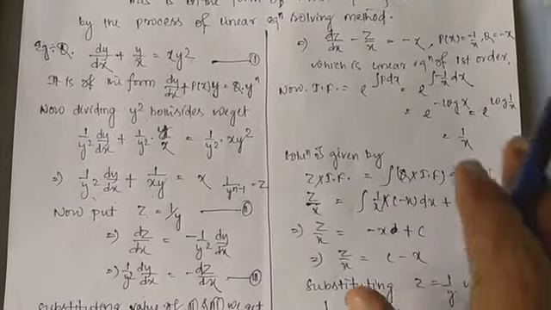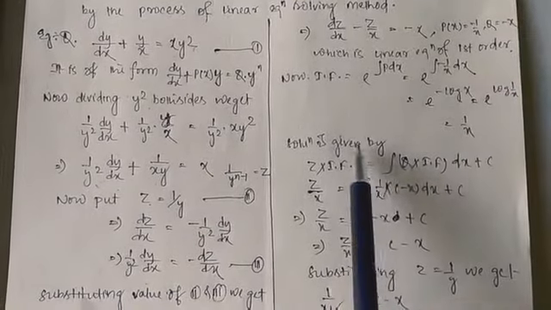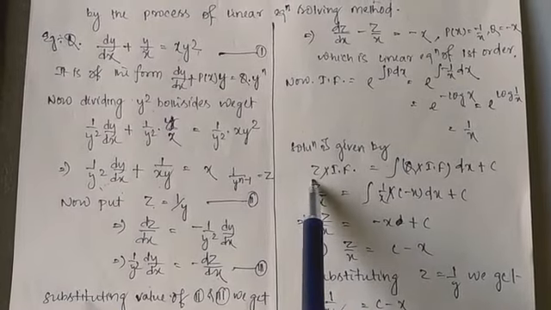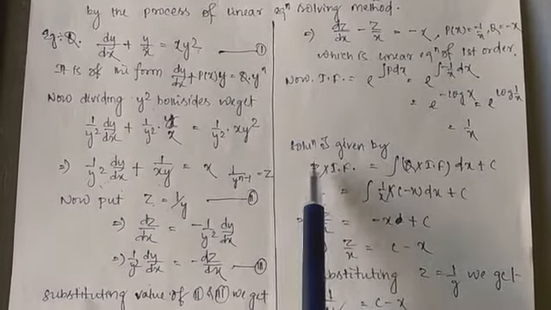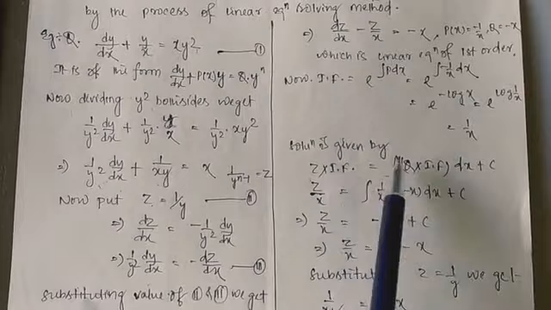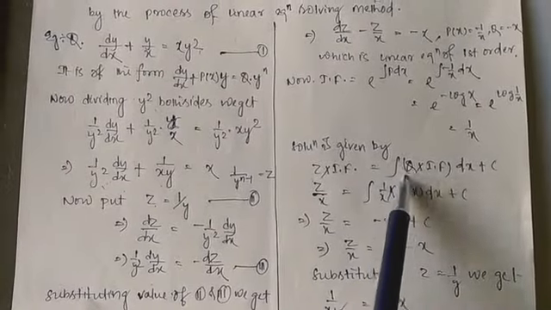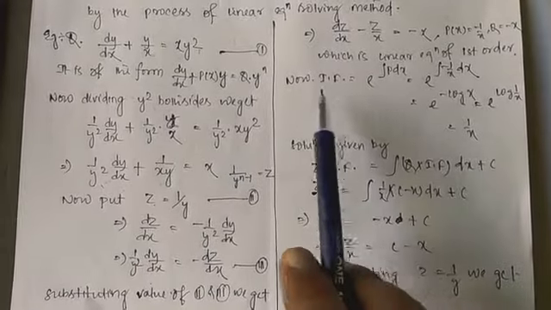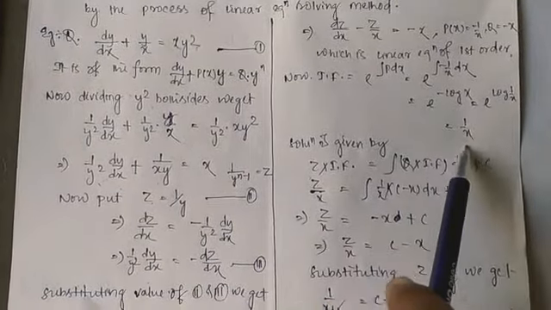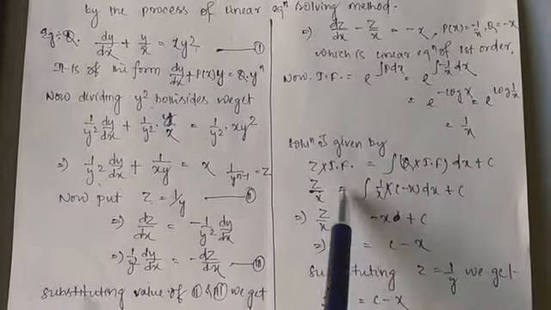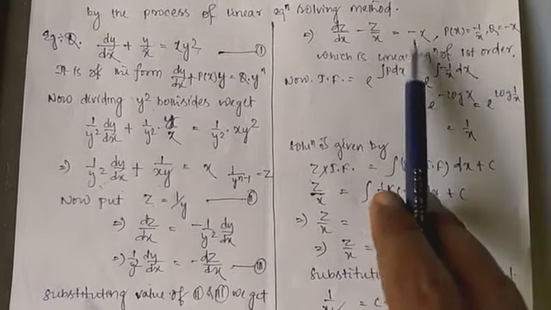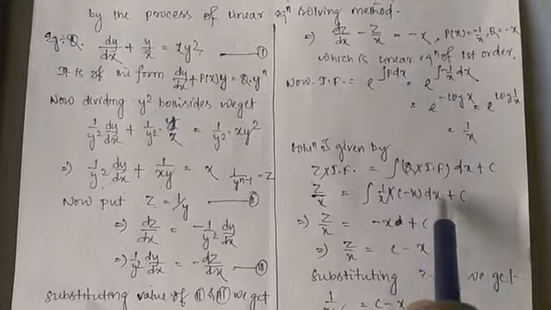So we know after that how to find out the solution. Solution is given by y, or here z, into integrating factor equal to integration of q into integrating factor dx plus c. So z into 1 by x, that is equal to integration of minus x into 1 by x dx plus c.